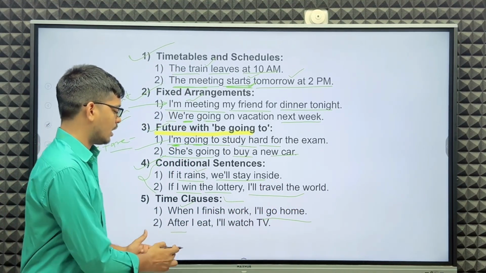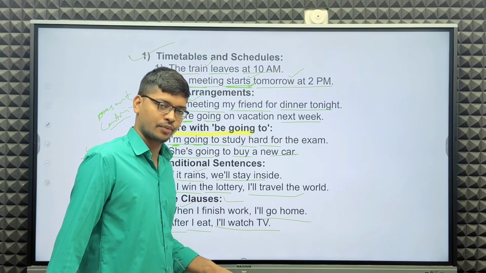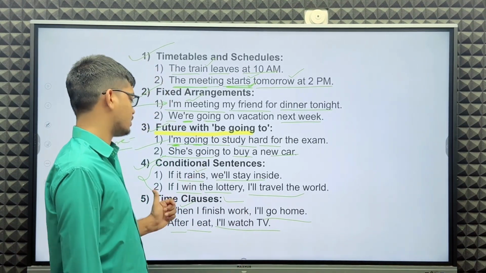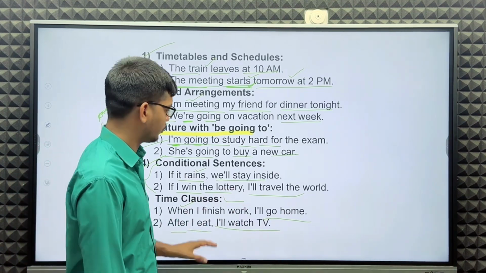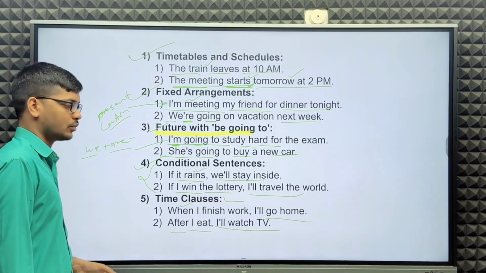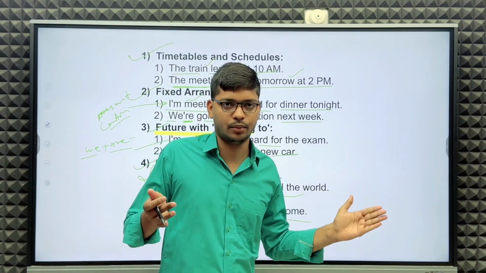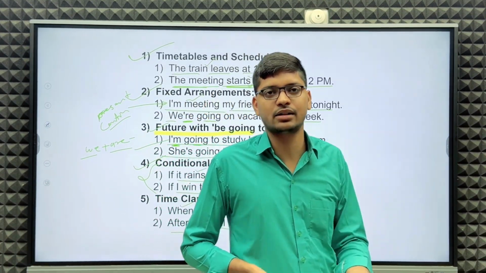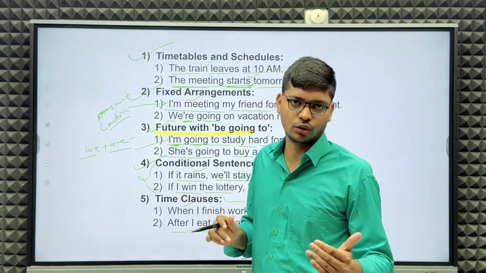Next, after I eat, I will watch TV. After is a time clause. So these are all examples of future time or events, and you have to use present tense or simple present tense.